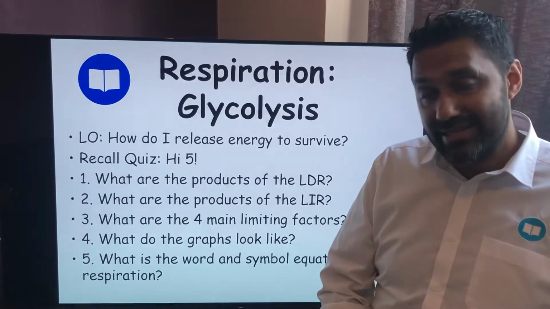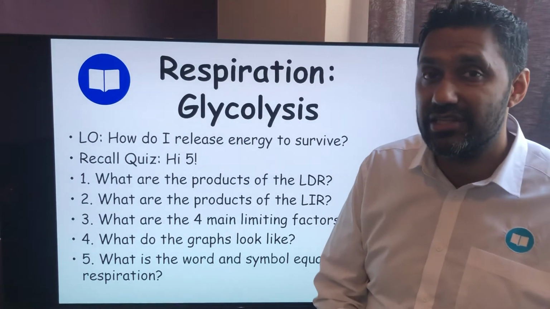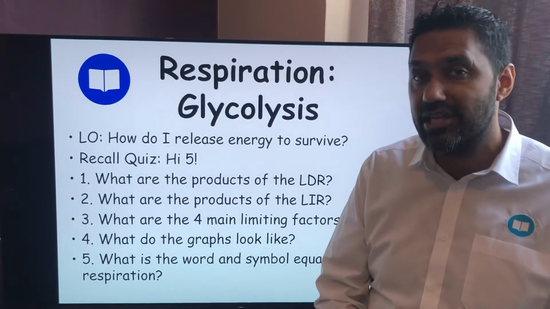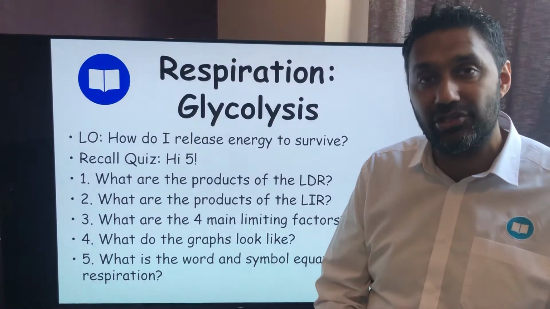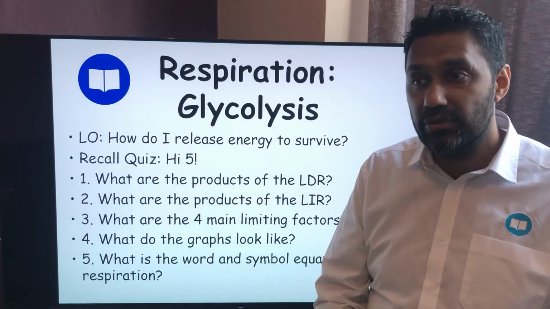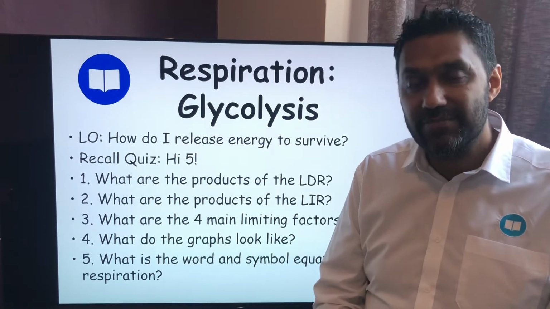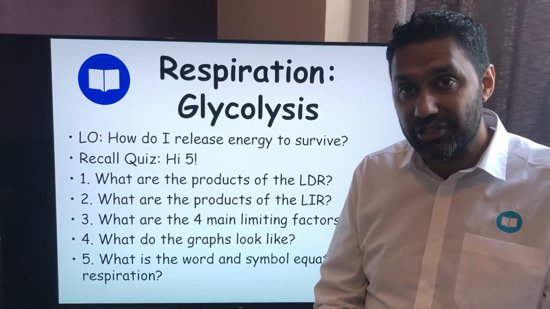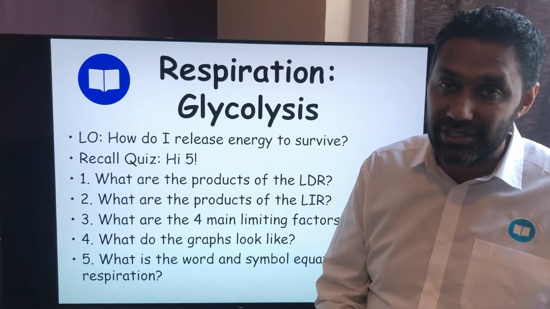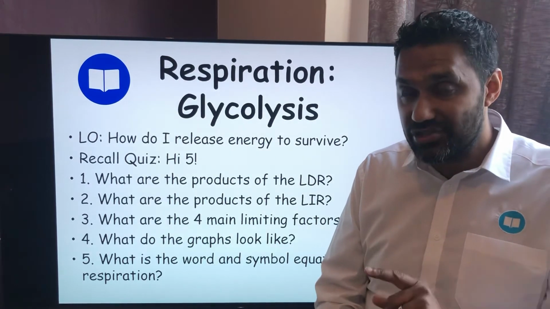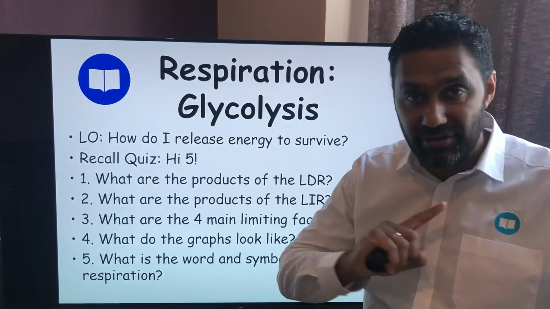And if you want to balance that simple equation, I call it the devil's equation. 6 CO2s plus 6 H2Os gives you, oh sorry, my bad, that's photosynthesis. We're looking at glucose plus oxygen gives you carbon dioxide plus water, that's respiration. I was going on to photosynthesis there, and if you remember, they're flipped back to front.